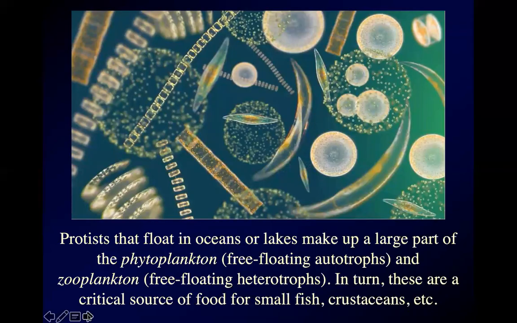Very important in nature are protists. There's lots of protists that float in either oceans or in lakes. These are some. They make up a large part of groups of living things that we call phytoplankton and zooplankton.